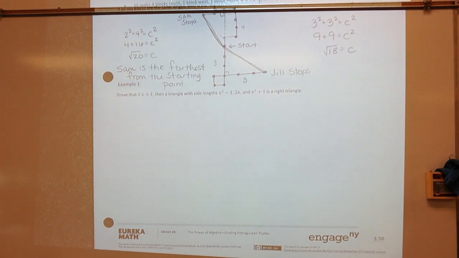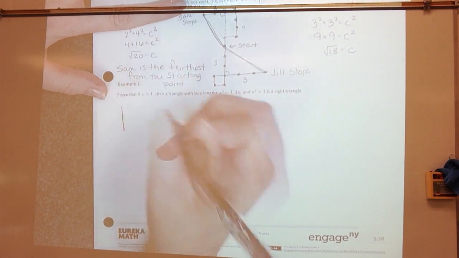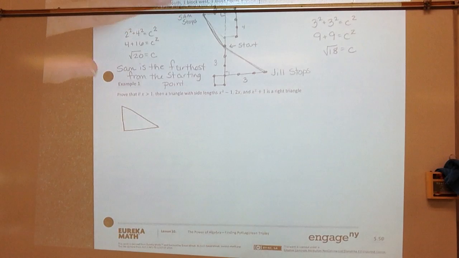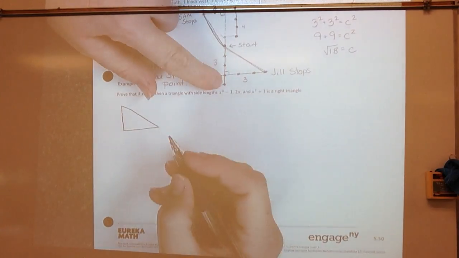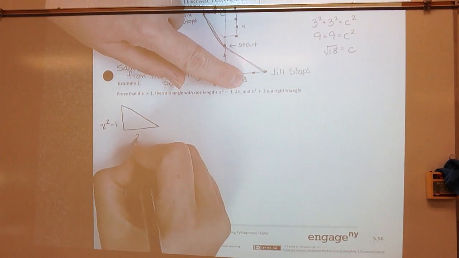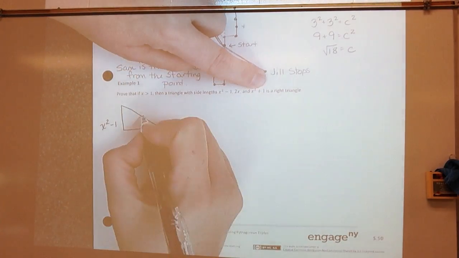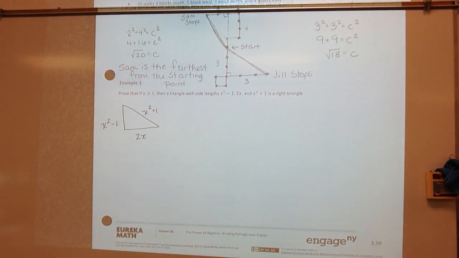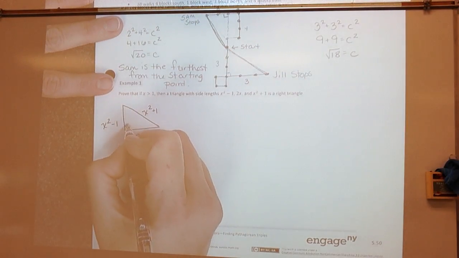Okay, so I'm going to draw it out. I want to know what they're saying. My converse says if I have side lengths A, B, and C, so A is x squared minus 1, B is 2x, and C is x squared plus 1, then I want to know, is this a right triangle?